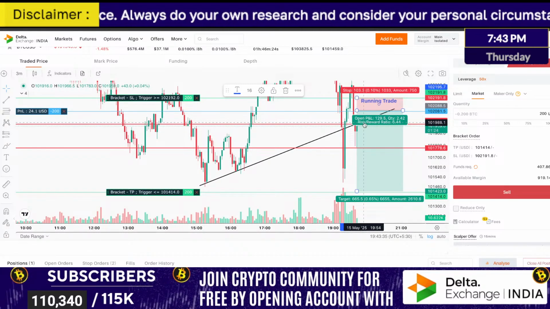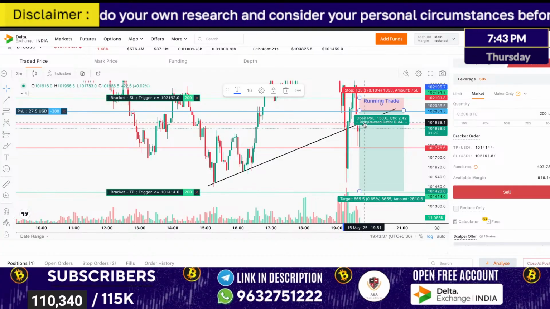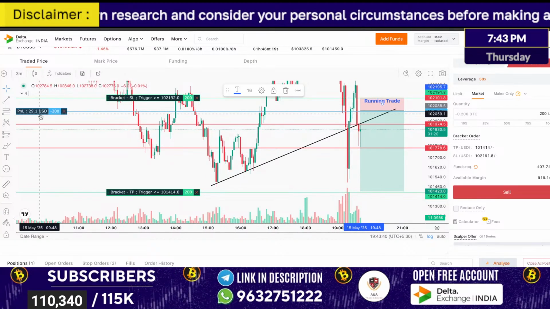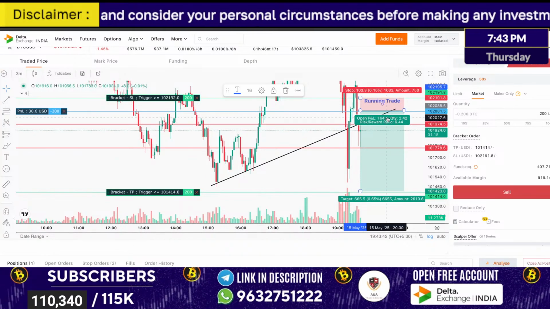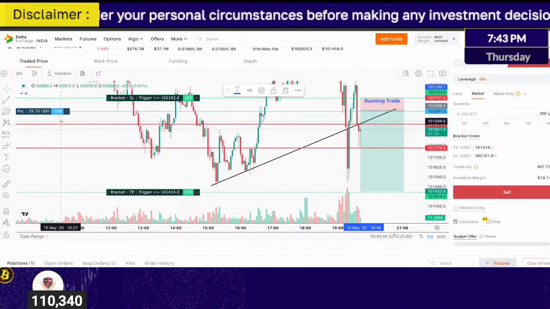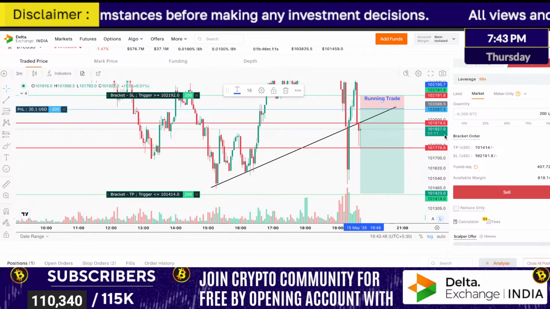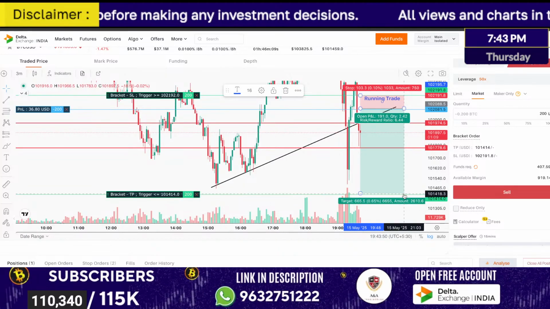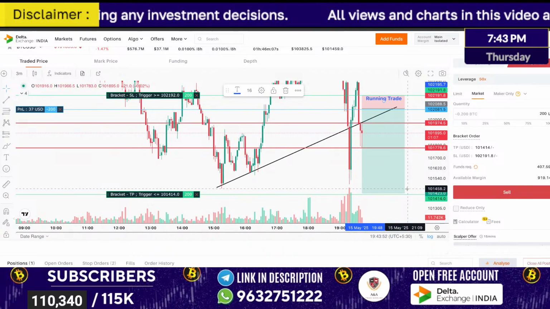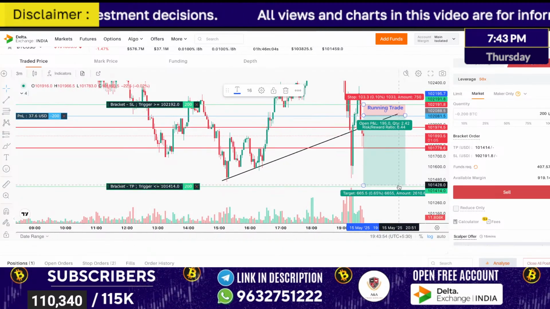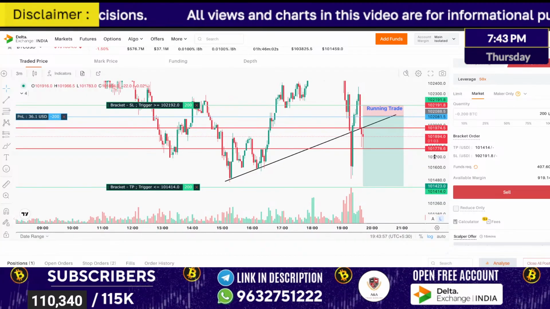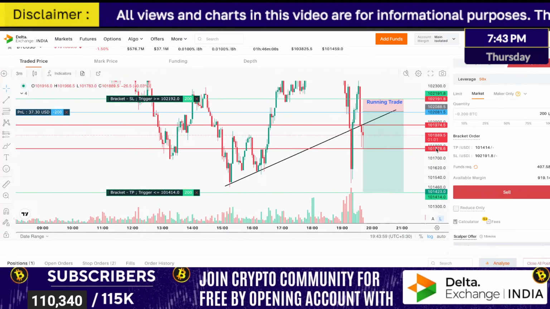I want people to look at things in landscape mode only because you can see my entry and exit. I'm not just putting risk reward, I'm taking the trades along with you guys. Lot of things when I look at global market data, the screen will not cover. So that is one issue. Anyways, if portrait mode is working fine for you guys, we'll look into that only as of now.